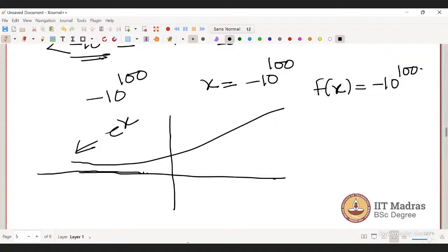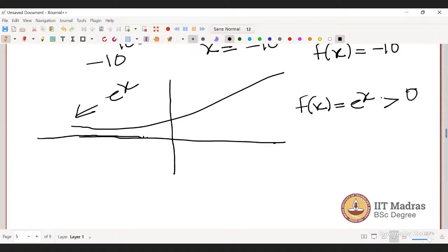Ours is 1 by e power x, our function. That is true, e power x is always greater than 0, right? Yes. You agree that this is always greater than 0? Yes.